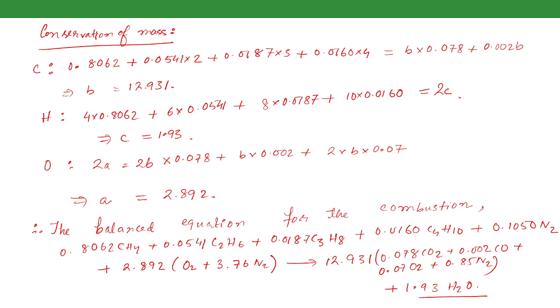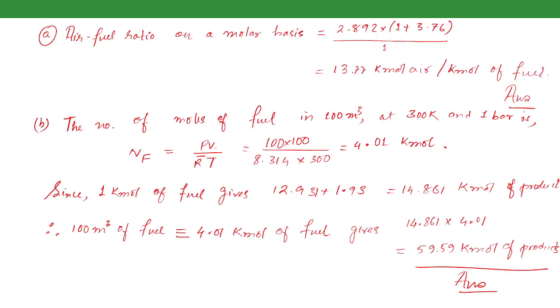It will obviously be in excess of the theoretical air, because there is excess oxygen present in the product. So it will be higher than the theoretical amount of air that would have been required. First we will find out the theoretical amount of air required.